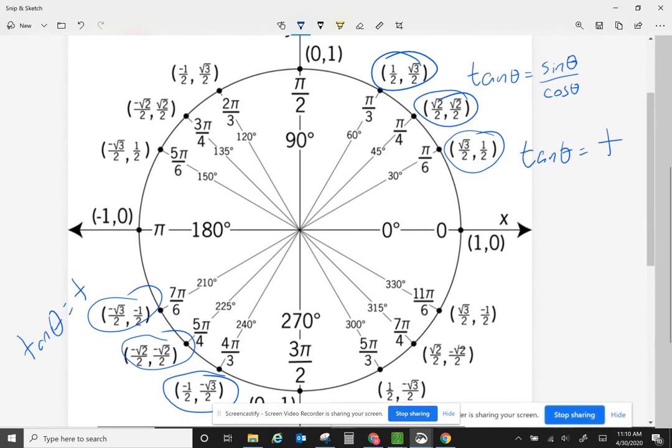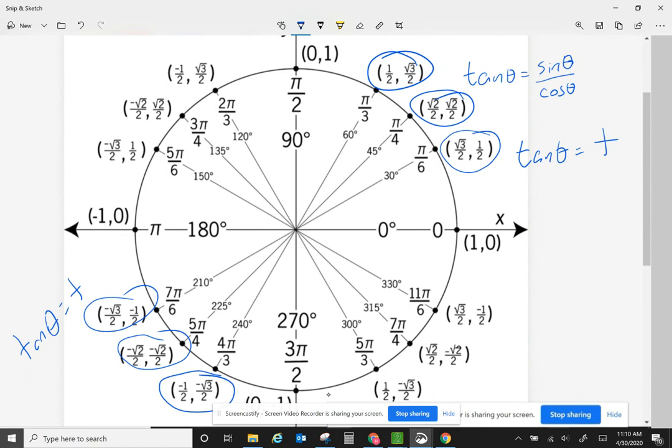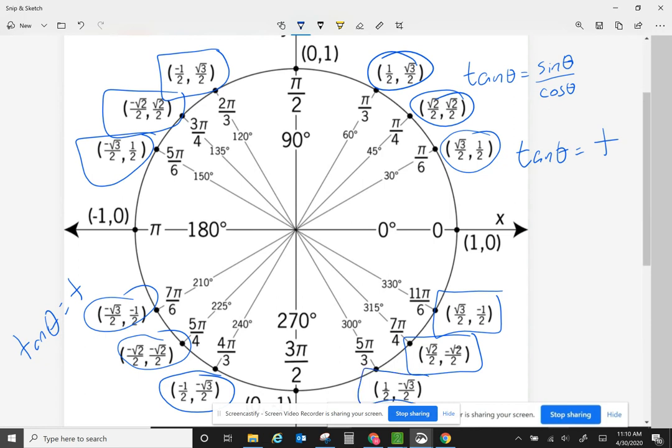Now, when it comes to the second and the fourth quadrant, when cosine and sine have a different sign, in those cases, tangent is negative. Some of you guys might still struggle on that, so I just wanted to review that a little.